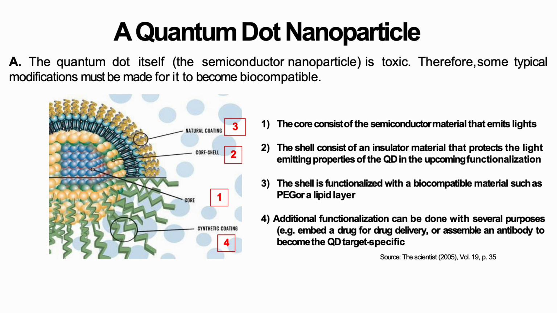There's a system where you have an agent or a nanoparticle with some, I would say, function. So here it is just emitting light. You also have a shell, which is an insulator. You also have a membrane, but here we talk about an external shell, like a natural coating.